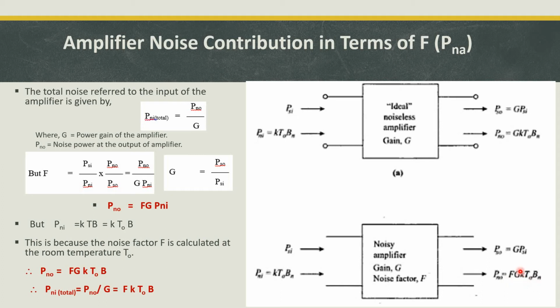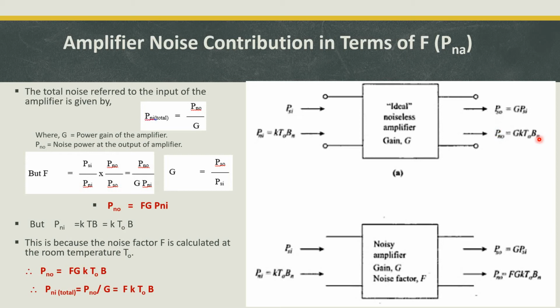So we have to calculate what is F, that is, what is the noise power contributed by the amplifier. Then we can start how to calculate this corresponding F or noise due to the amplifier. The total noise referred to the input of the amplifier is output divided by gain. So the output is PN0.